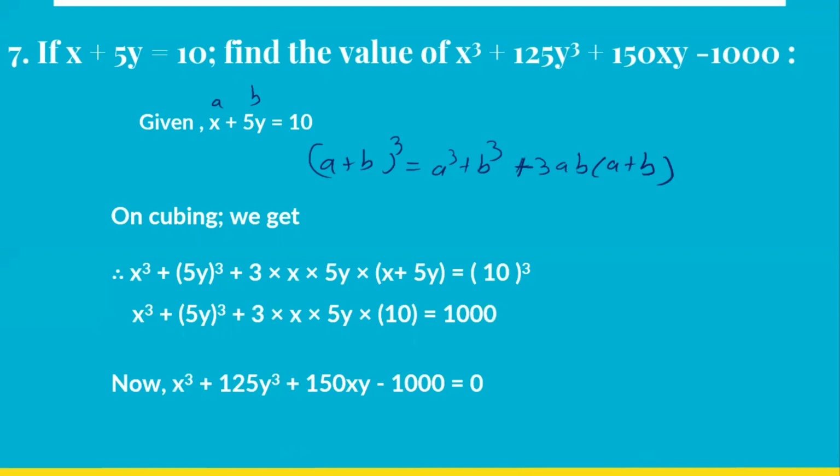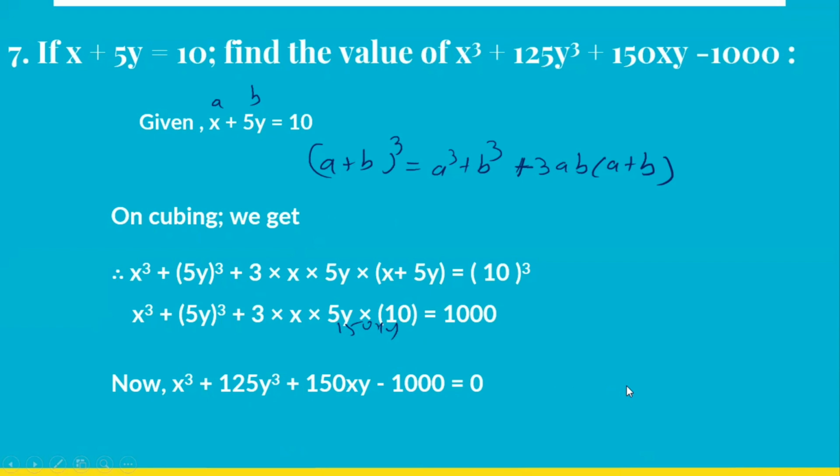And this 1000 shifts over here. This is 150xy. 3 fives are 15, and 15 into 10 is going to be 150xy. And we are able to prove x cube plus 125y cube plus 150xy minus 1000 is equal to 0.